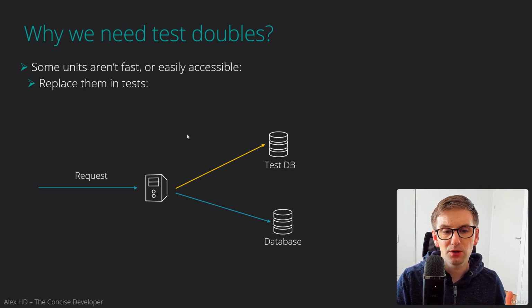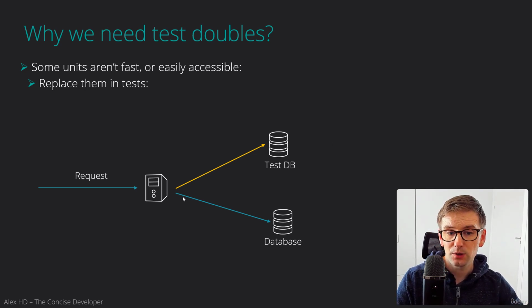Again, if we configure the test this way, it would be very hard to configure. On the other hand, we could use something called a test database, like a hard copy or a shallow copy of a database, maybe living on Docker or something like this. This way we could also test our database.